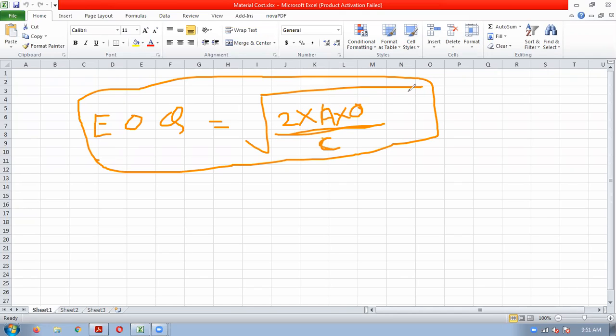Okay, now what you have to do in the question: everything will be given, data will be given. We have to find the EOQ by applying this formula. So first everybody note down the formula, then we will calculate the practical sum in EOQ.